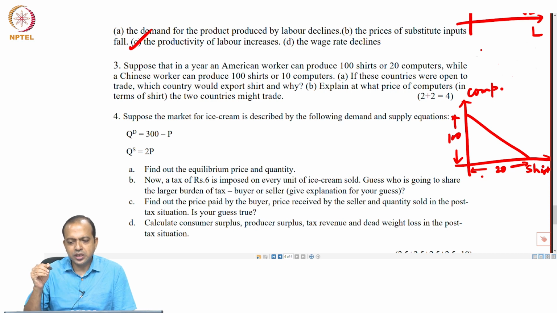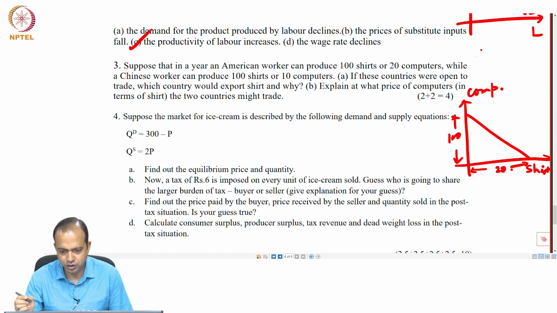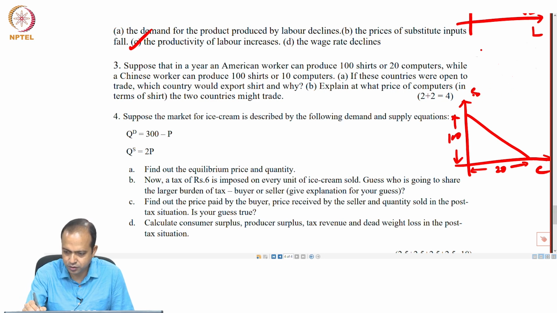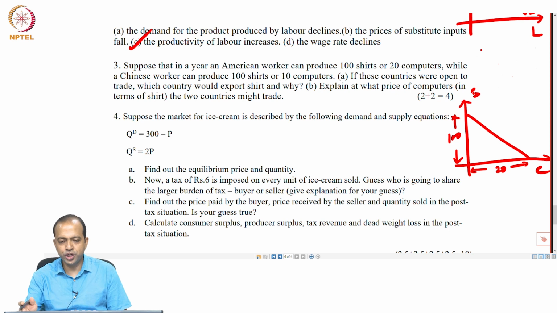So, that means if America deploys all the labor force in cert production, they can produce 100 certs. If all the laborers are deployed in computer production, this is computer, this is C, and this is cert. 20 computers vis-a-vis 100 certs.